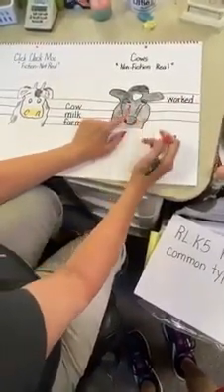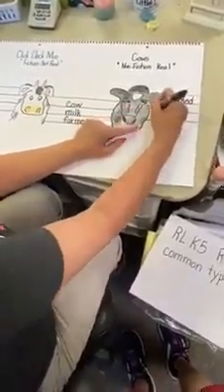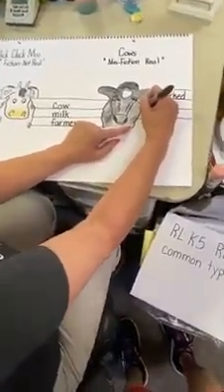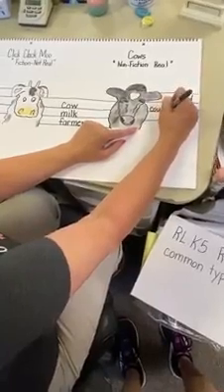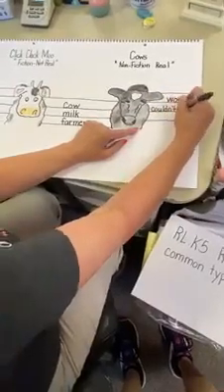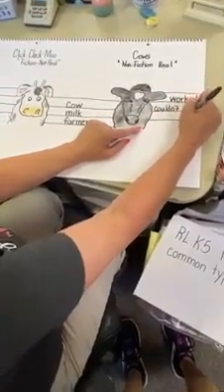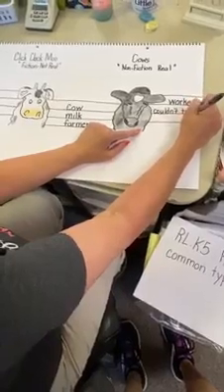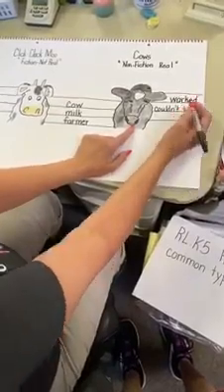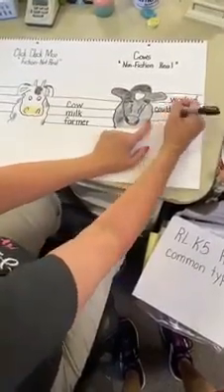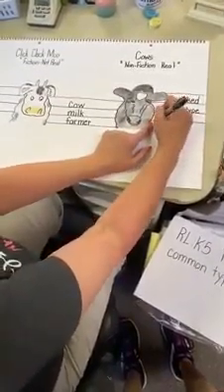Could this cow type? No. This cow couldn't type. What else was different in this book? In this book, he didn't talk.